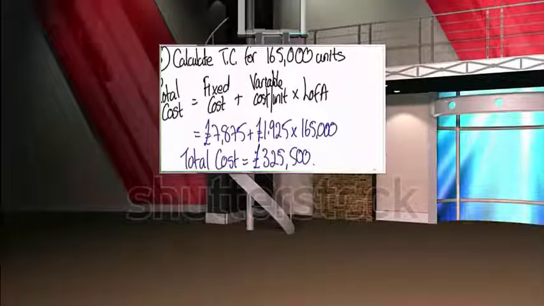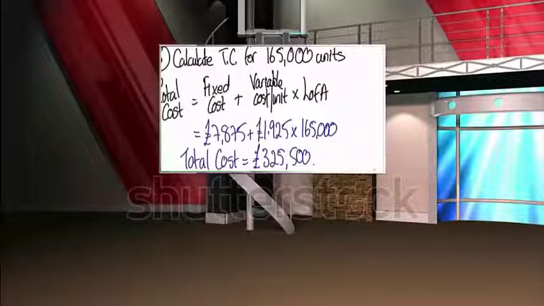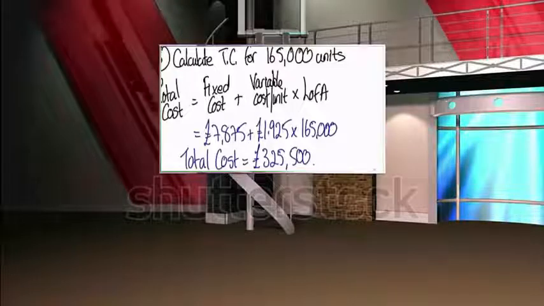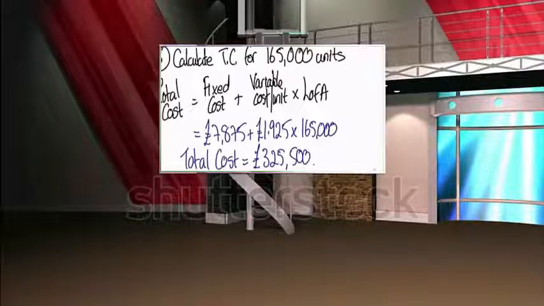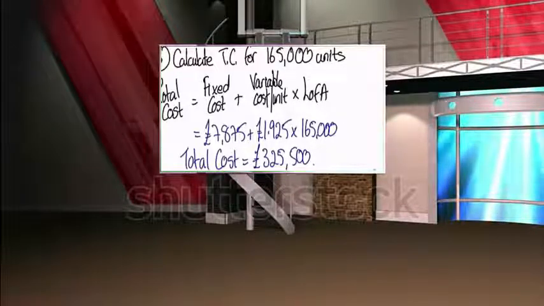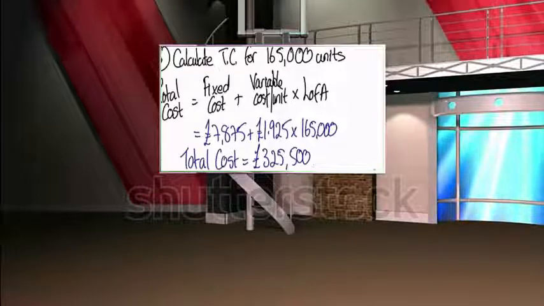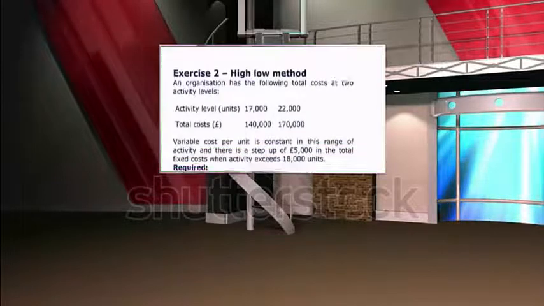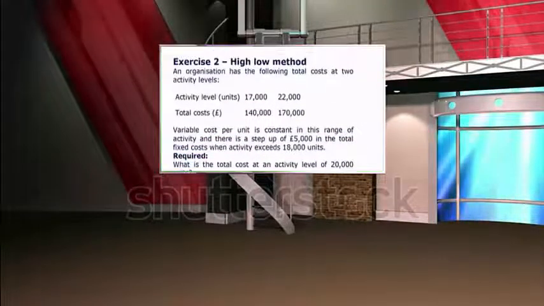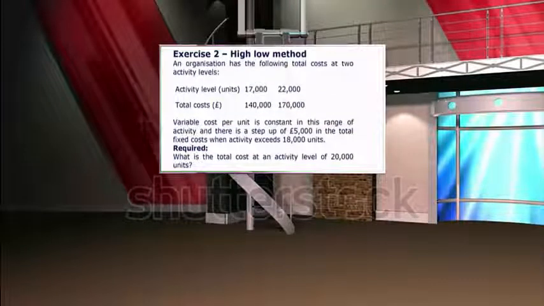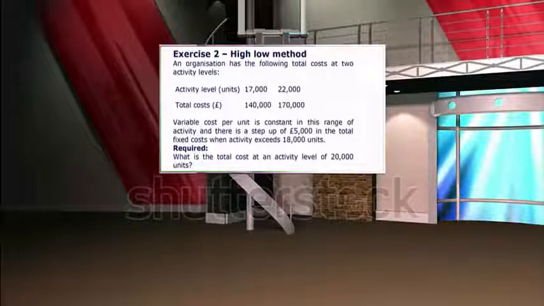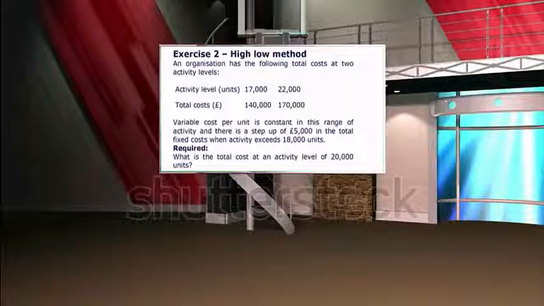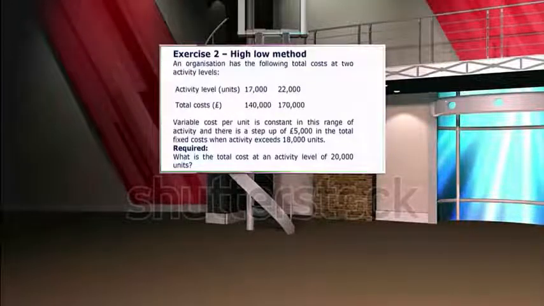Now, before we finish up this section, we just do need to look at a complication which may arise in these high-low method questions. So we're going to look at another exercise. So in this exercise, we're given, again, 2 different activity levels.